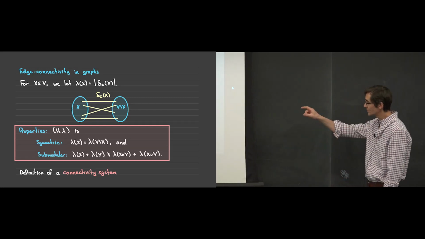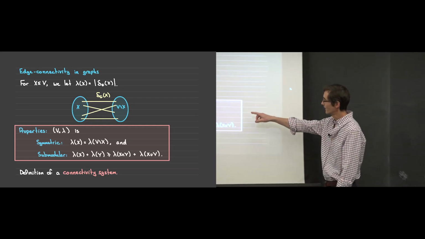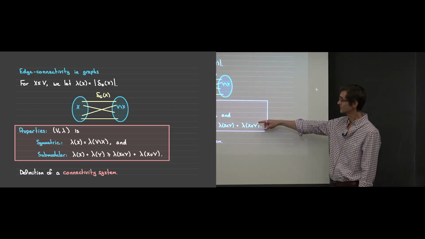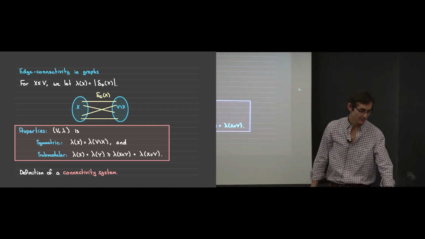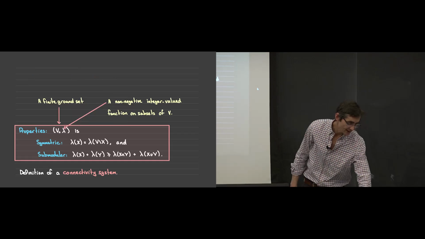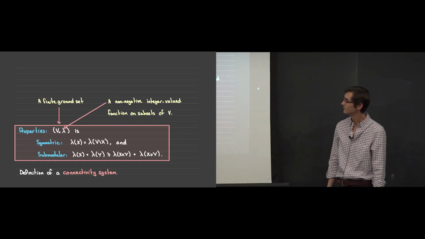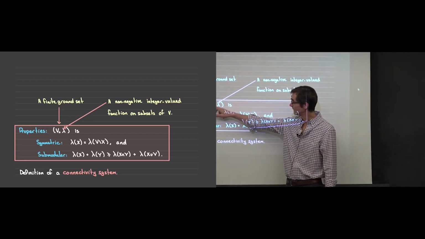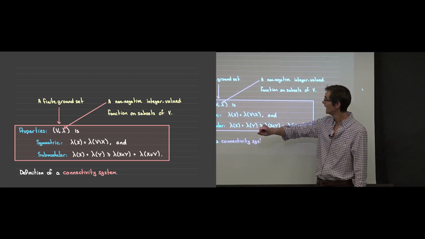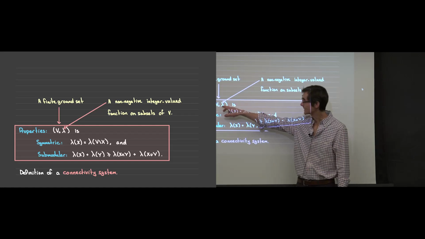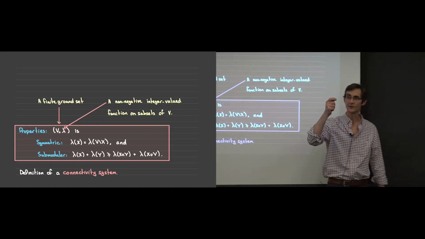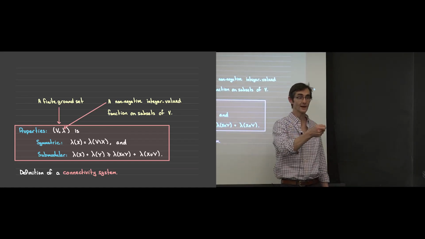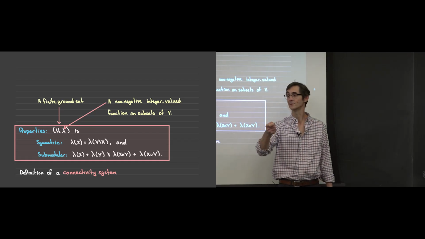So it's these two properties that define connectivity systems in general. More specifically, what do I mean by a connectivity system? You have some finite ground set V, and on every subset of V, you assign some non-negative integer connectivity value.